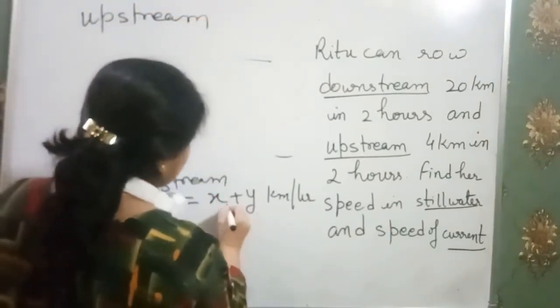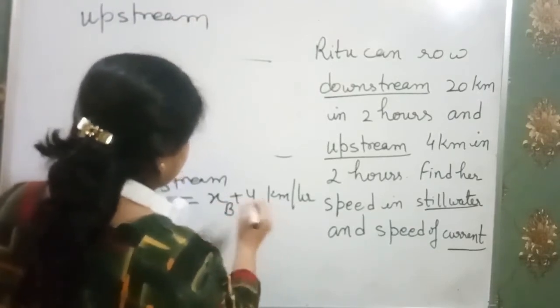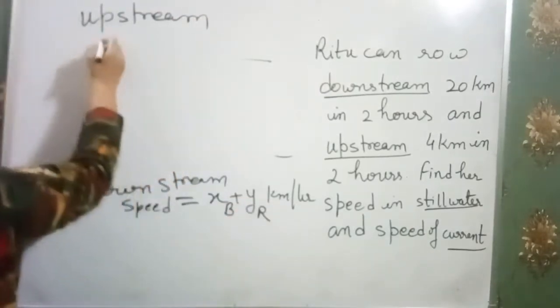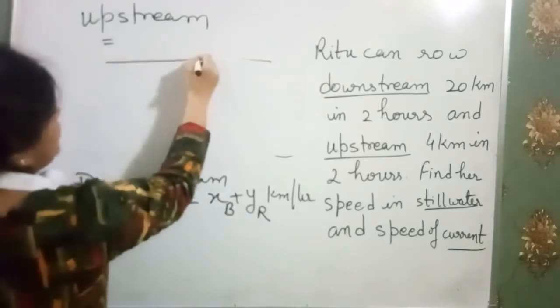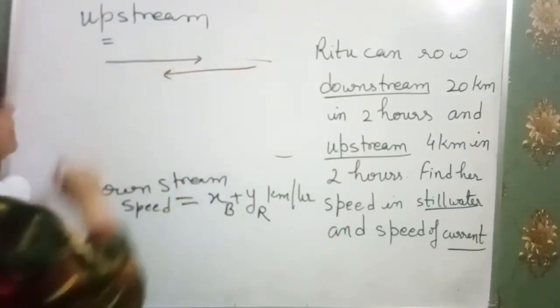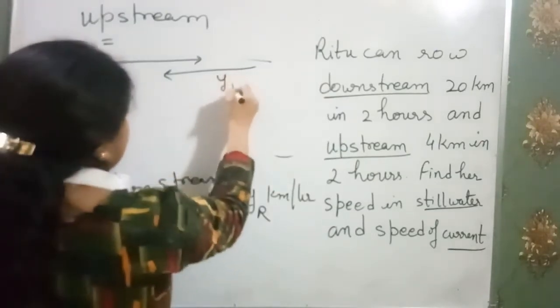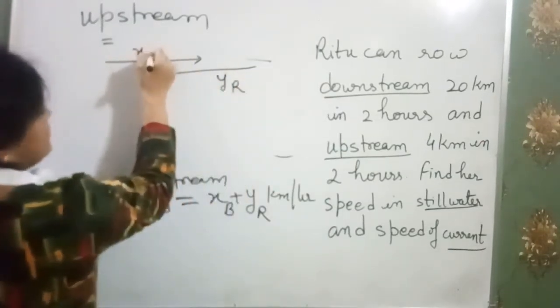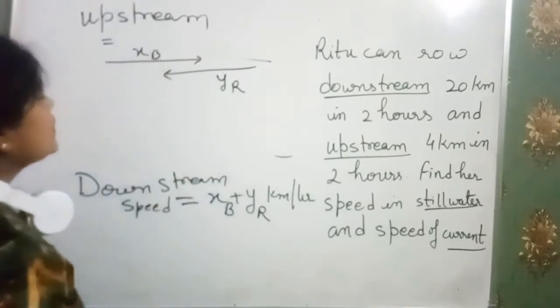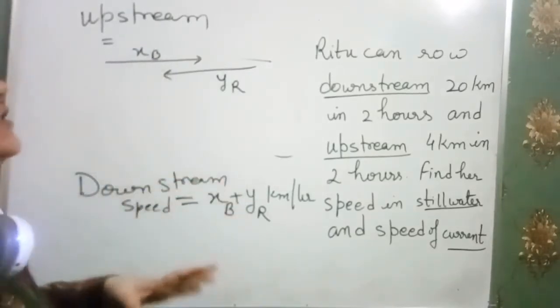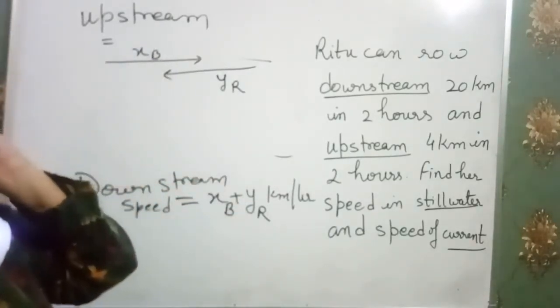this is the speed of boat, this is the speed of river. Clear? In upstream, if the boat is going here, the river water is flowing in this direction. That means this is the river water and this is the boat. Clear? So both are in opposite directions, so their speeds must be subtracted.